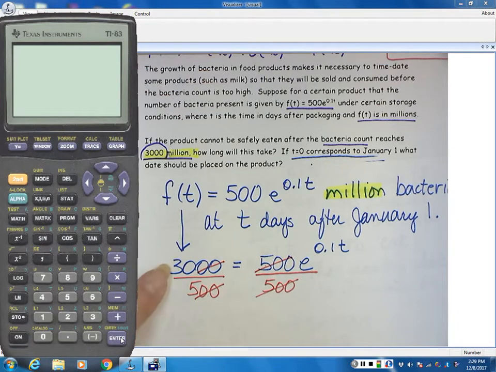So 30 over 5 is actually equal to 6. So the equivalent equation then is e raised to the 0.1t would be equal to 6. Now there are two different ways that we can solve this.